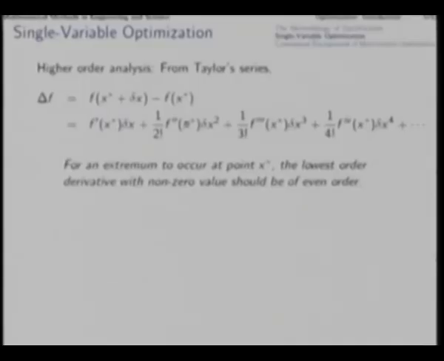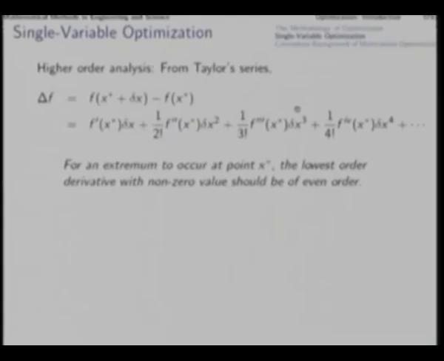Similarly, for negative values of this, it will be a local maximum point, and that is why the second order derivative being positive with the first order derivative 0 is a sufficient condition for the current point to be a minimum point. If the second order derivative is also 0, then again the series will be dominated by the third order term, the sign of which will again depend on delta x, because you see delta x cube appears, odd power.